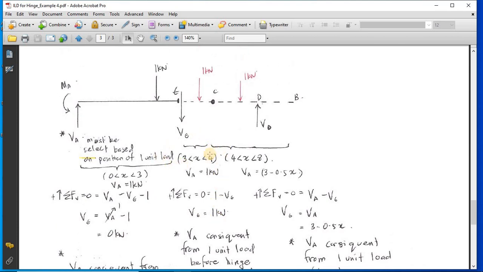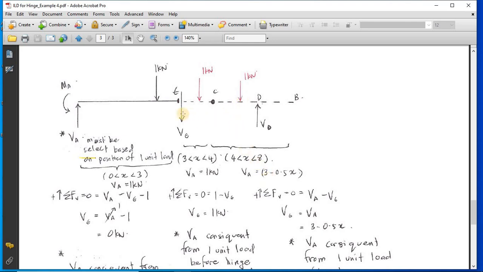Okay, so let's take a look at another position of the 1 unit load, which is 4 to 8, the last position. In this position, you can see that the position of the 1 unit load is after point E and after the hinge.